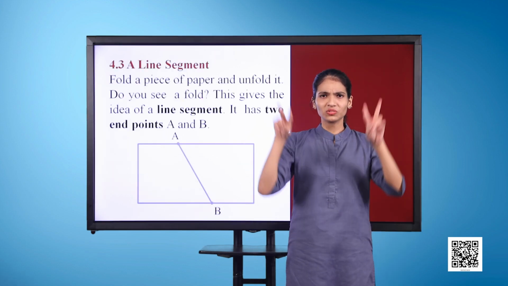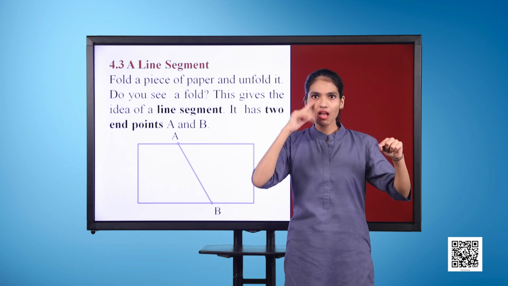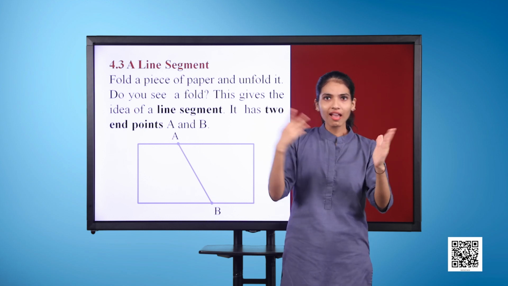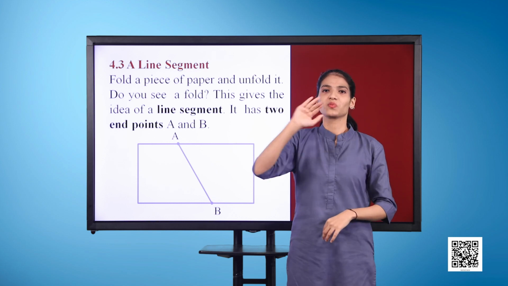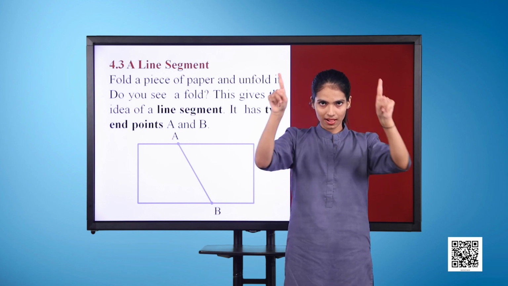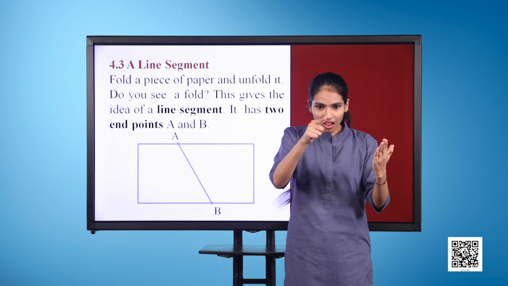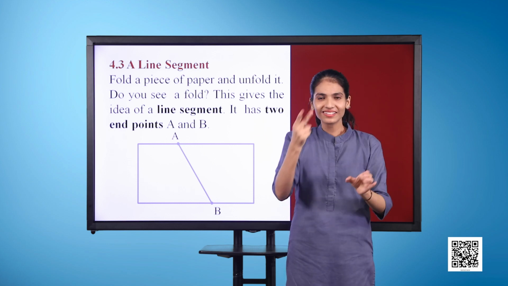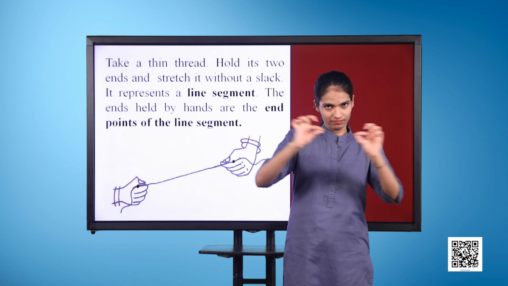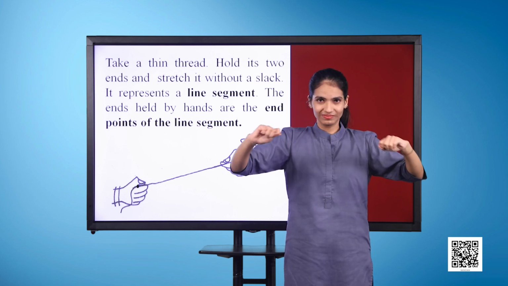4.3 A line segment. Fold a piece of paper and unfold it. Do you see a fold? This gives the idea of a line segment. It has 2 endpoints, A and B. Take a thin thread, hold its 2 ends, and stretch it without a slack.